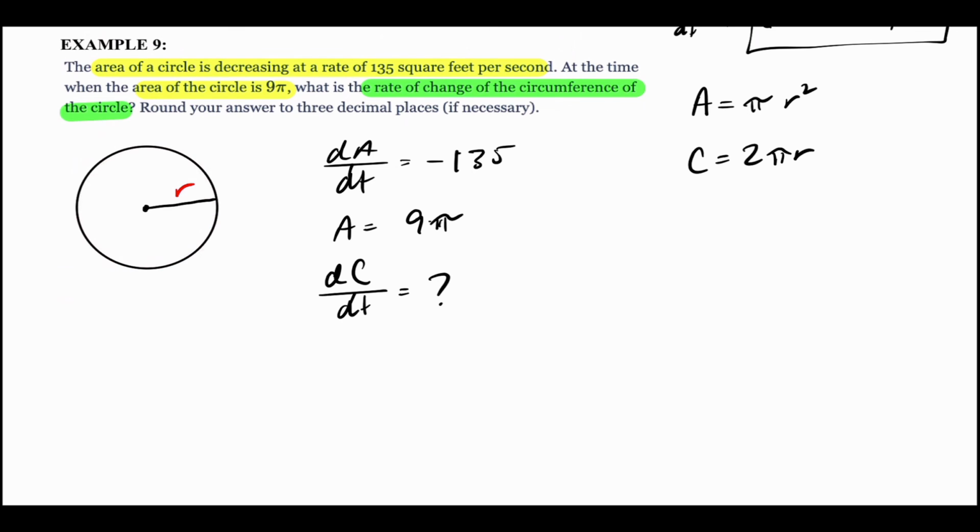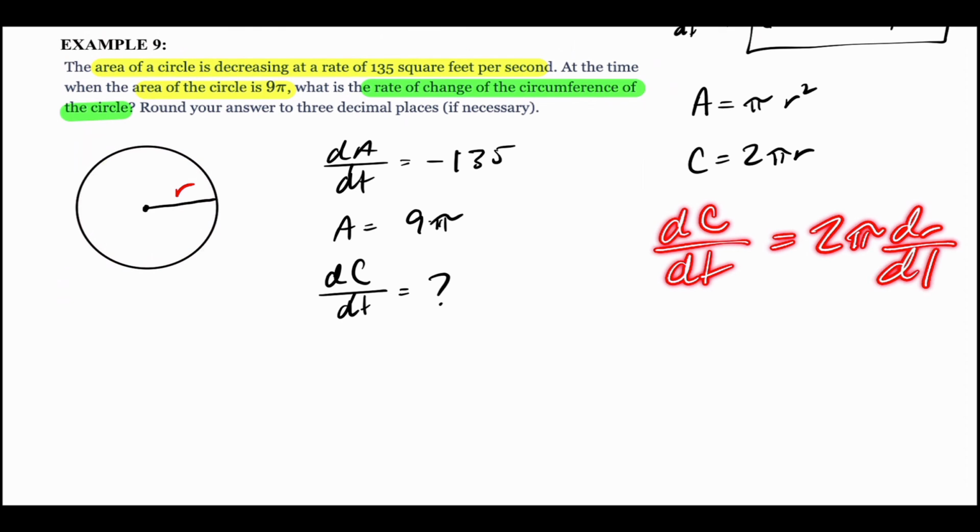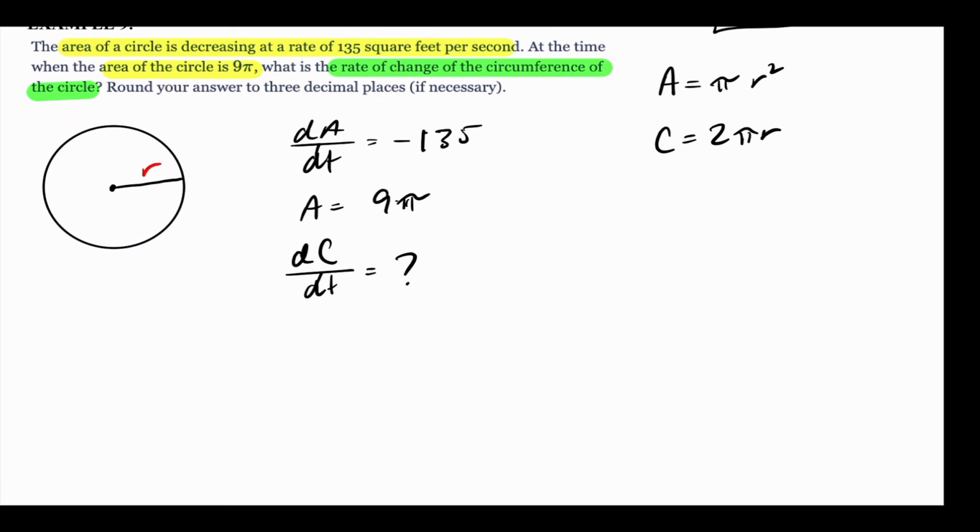Okay? This is the one we're going to need to answer the question, right? Because we need to find dc over dt, right? That's the one we're going to need to find. Okay? So I'm going to do that right now, but there's going to be a problem with that.